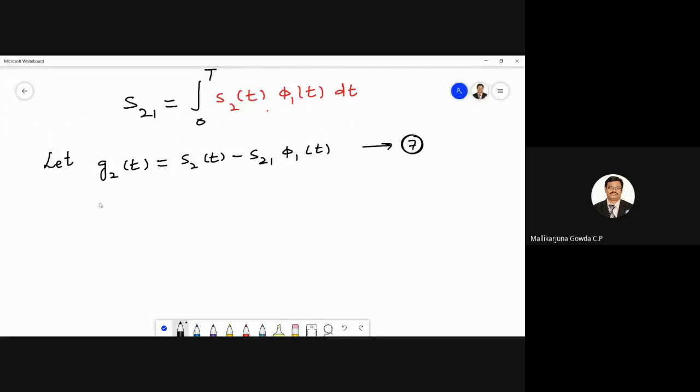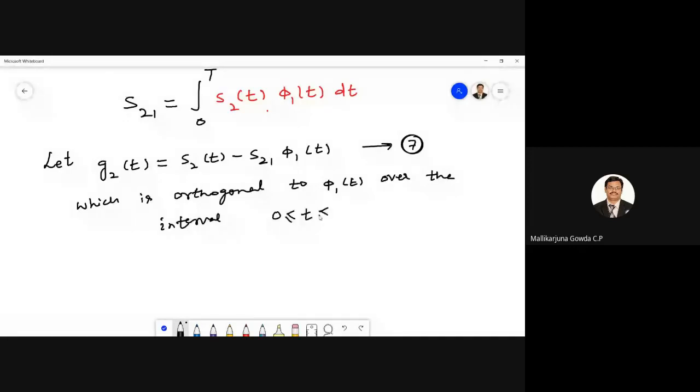Okay, so this intermediate signal, as I said, is orthogonal to pi 1 of t over the interval 0 to t.